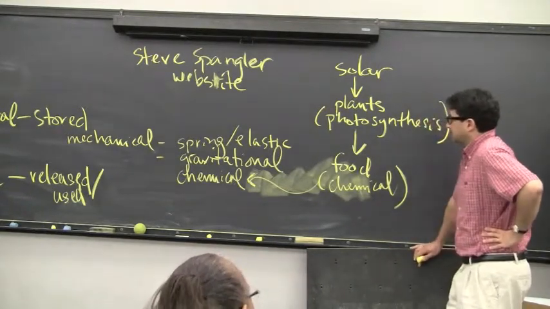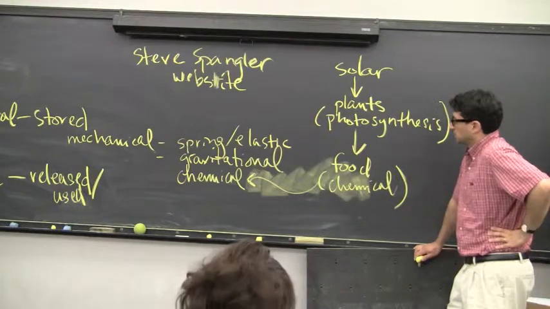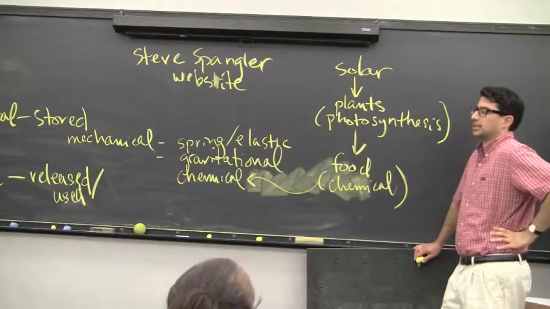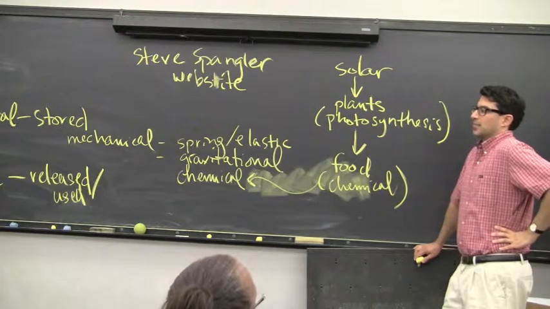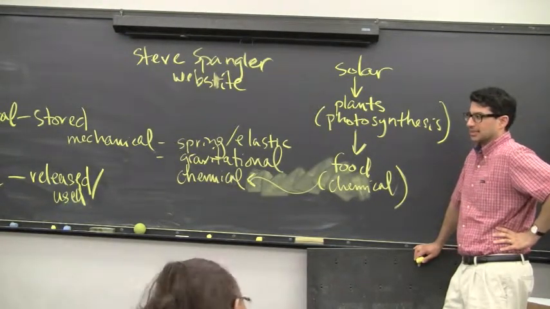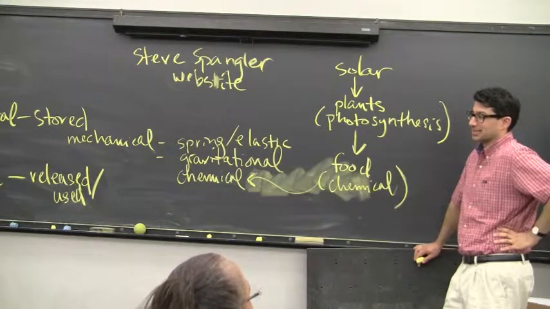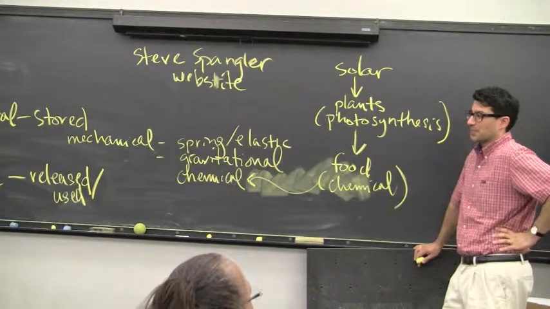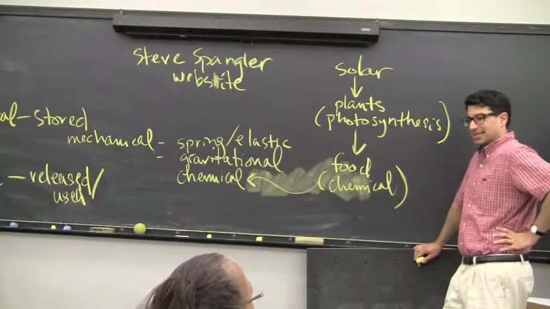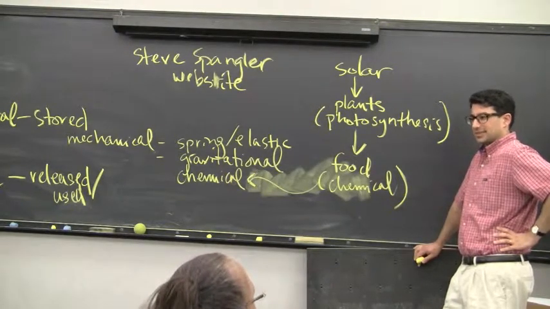The thing that I have to just tell you, and then we're going to do an experiment, or maybe a demonstration is the right word, is that different colors of light can deliver different amounts of energy.